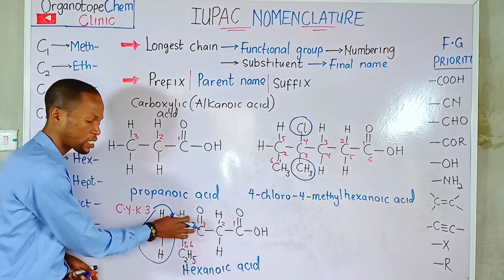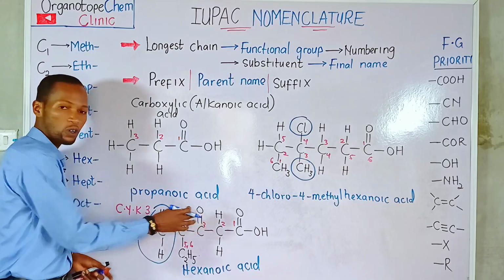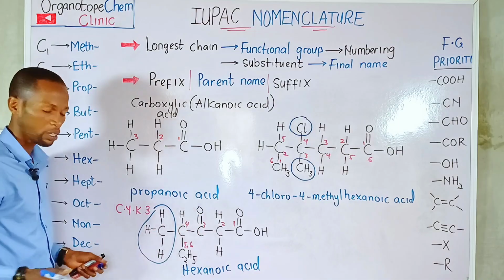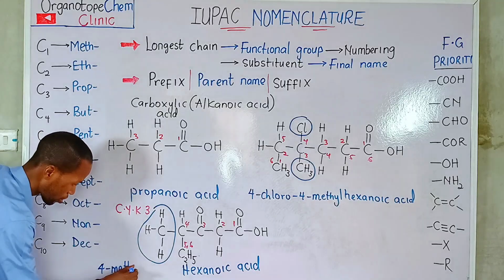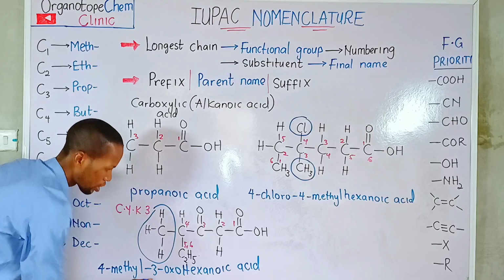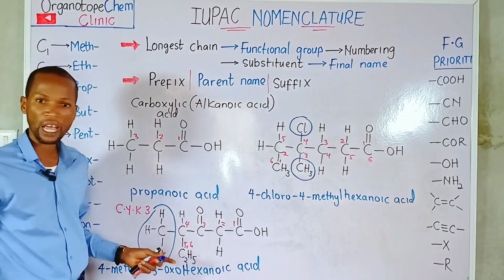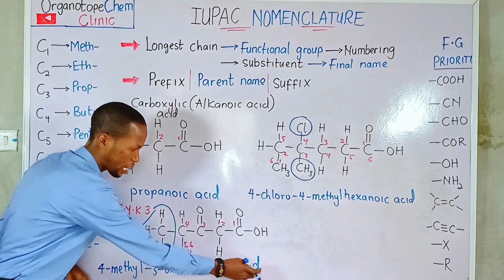That's right, we have the methyl before the oxo. So the methyl group is on carbon 4, while the oxo group is on carbon 3. So I'm going to have 4-methyl, 3-oxo hexanoic acid. We have the IUPAC name as 4-methyl-3-oxohexanoic acid.